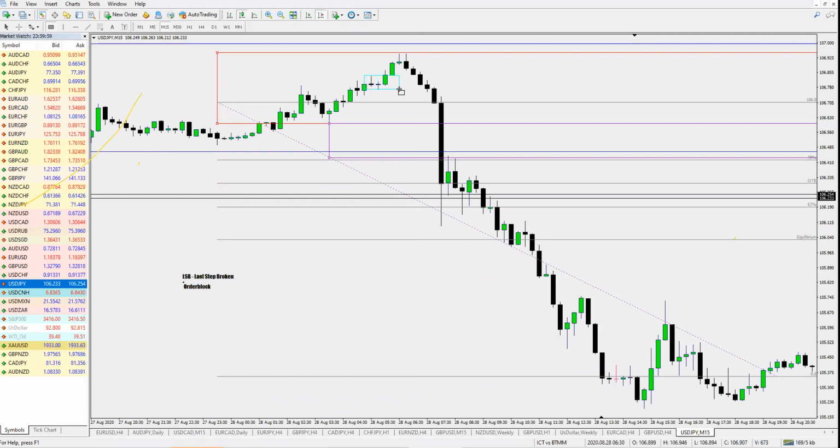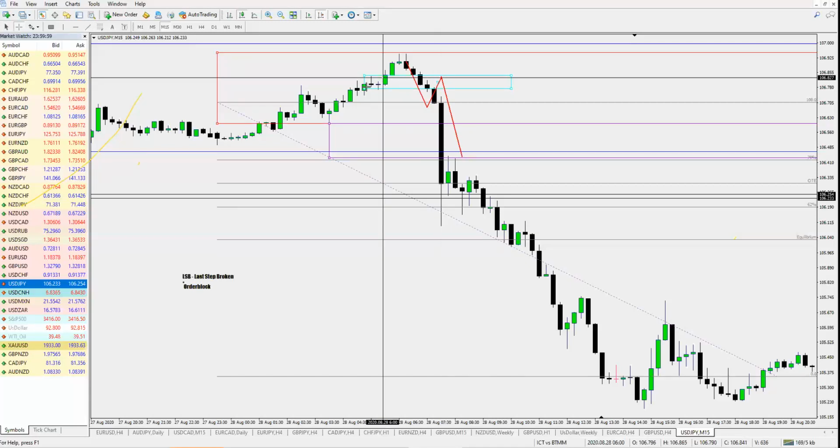So that is a bullish 15-minute order block that gets traded through over here. Now, essentially what generally happens is you want price to trade through this order block and retest this order block, and then a continuation to the downside.